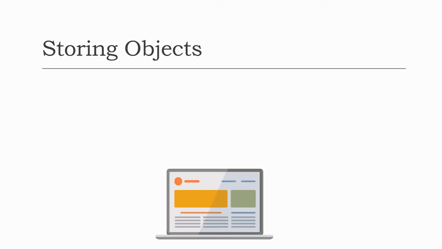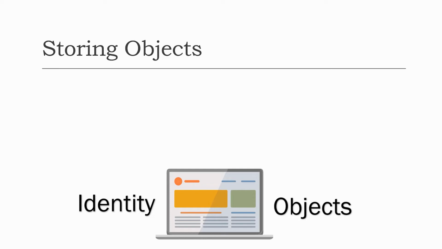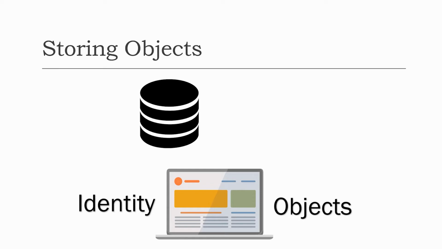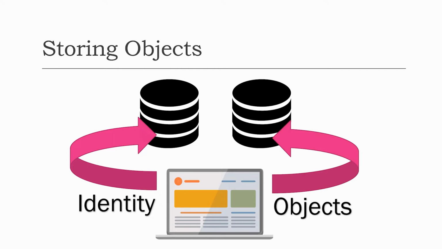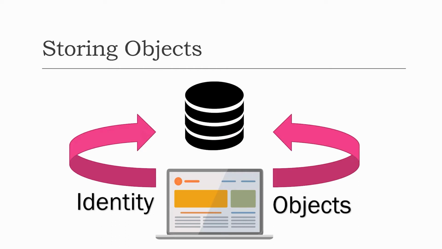We need to store these objects somewhere, just like we do with identity. We store those. So we need to do the same sort of thing with objects. Now the best thing to actually do is to set up a database for identity and a database for objects and store each in their own area. Now there is a school of thought, well, why don't we just put them both in the same one?